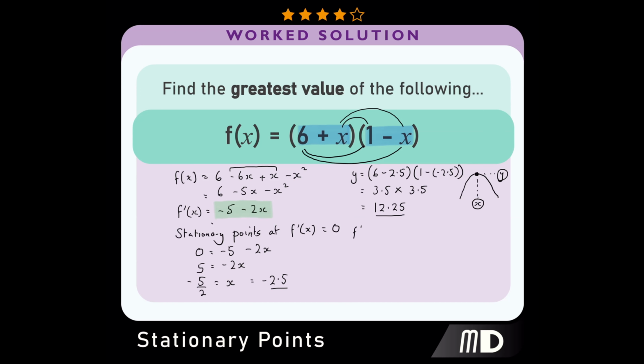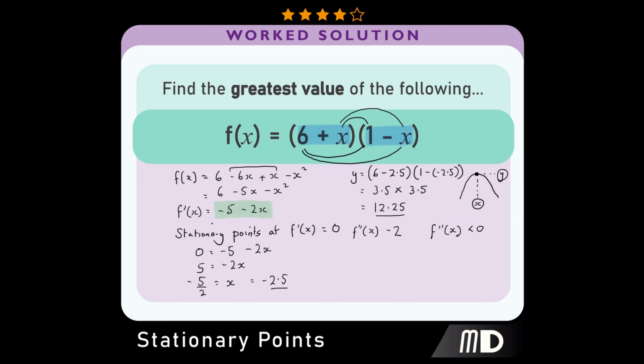If I differentiate my expression again, then I get minus 2. And maximum points occur when f double dash x is less than 0.